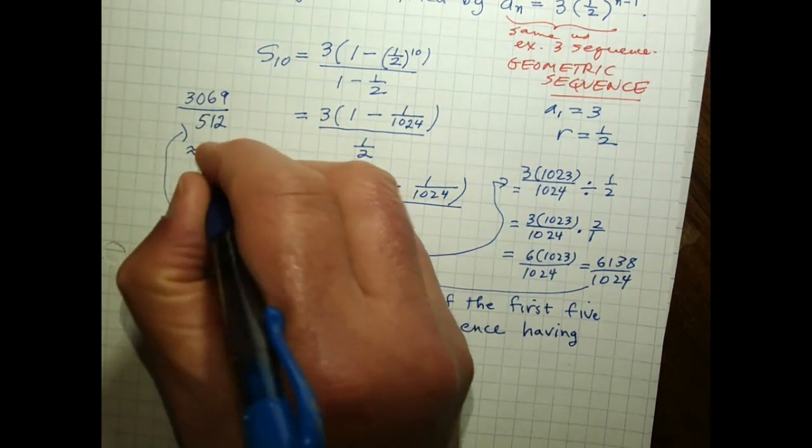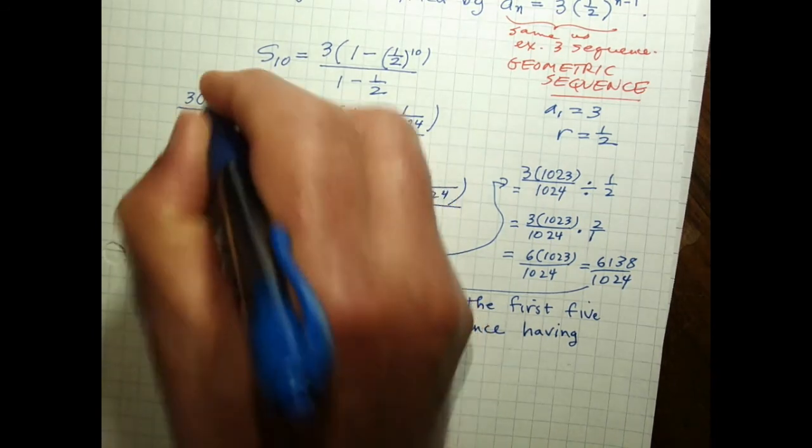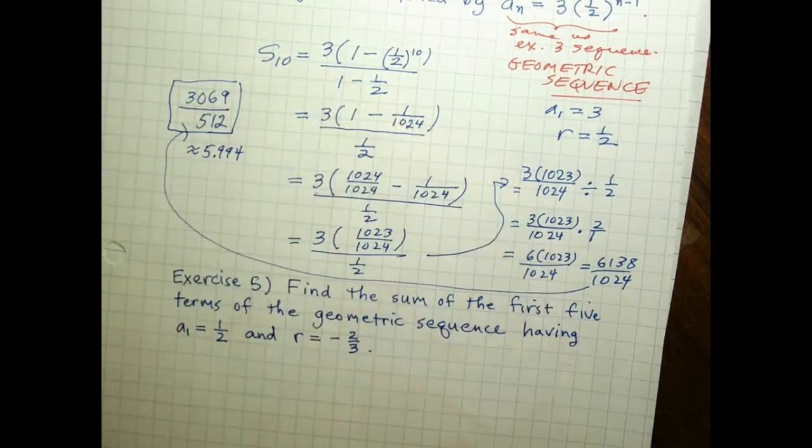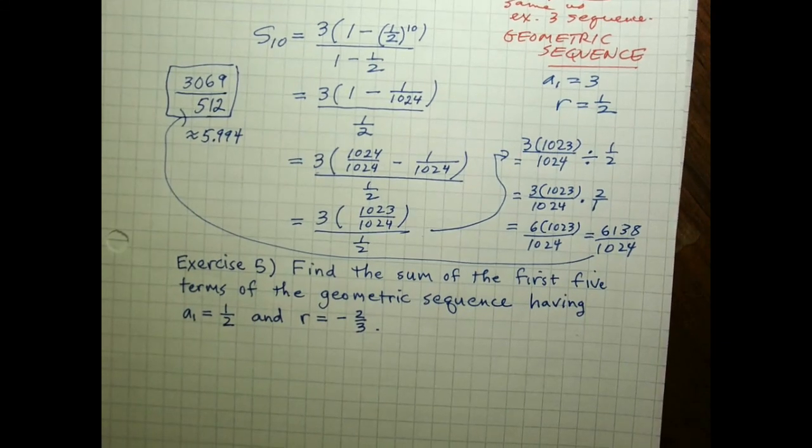I don't think the decimal does much good here. There's the exact answer for the sum that we got, reducing fractions.